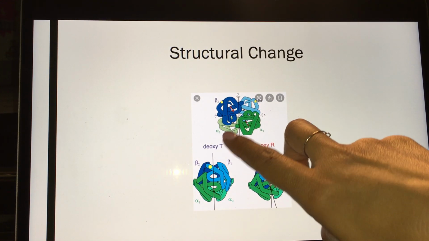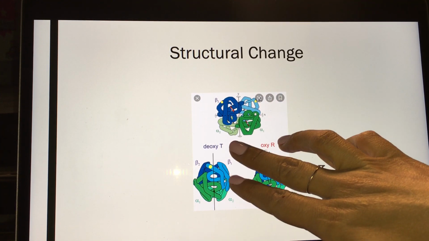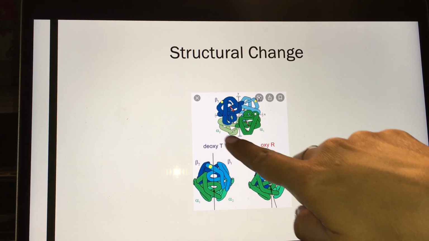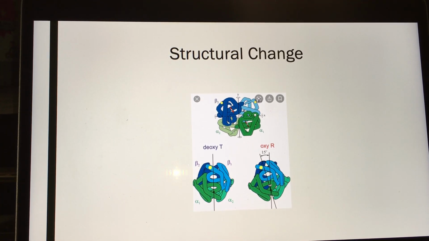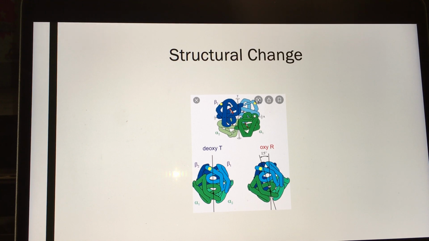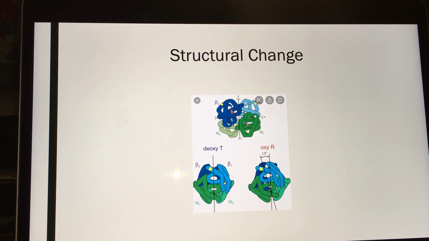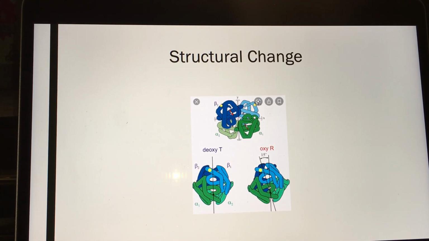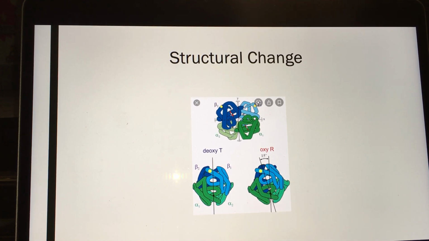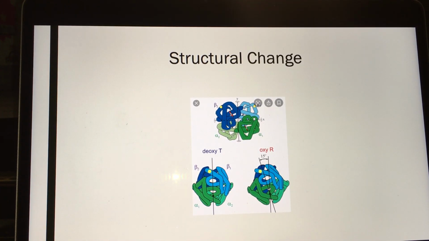Here we have the beta and the alpha, and how they go from the oxy T, rotating 15 degrees to become the oxy R. In that way, by changing the position, the bonds between hemoglobin and 2,3 BPG must be broken. So the 2,3 BPG must be expelled.